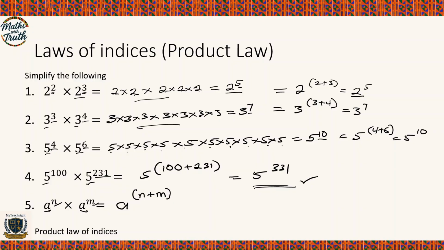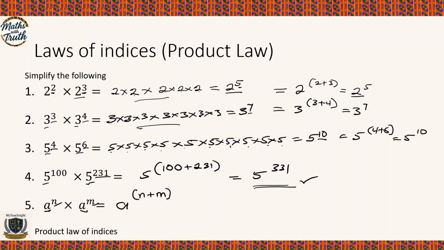The product law of indices states that when you have one index multiplying the other and the bases are the same, then you just add the exponents. So a exponent n times a exponent m is equal to a exponent n plus m, and that is the product law of indices.